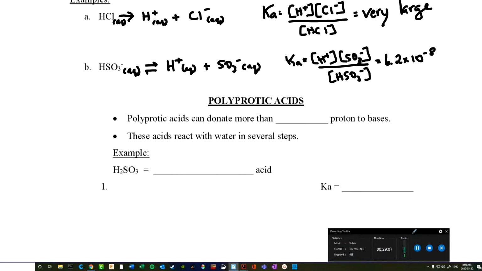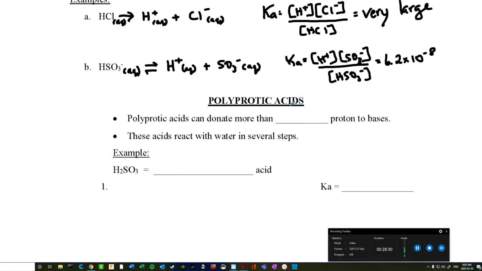So let's just look at this next section before we end. Okay, so a polyprotic acid basically is an acid that contains more than one hydrogen ion. So that would be something like H2 or H3 combined with an ion.